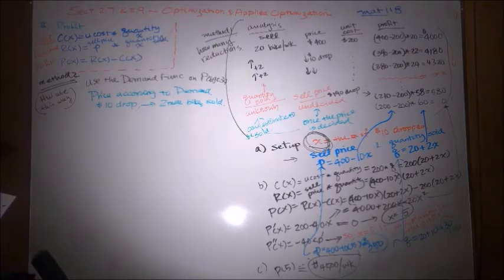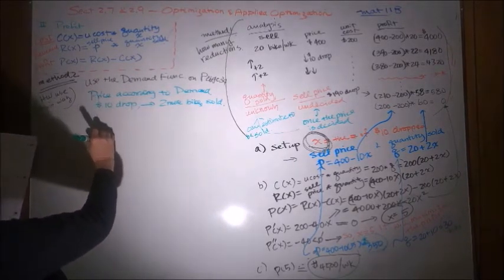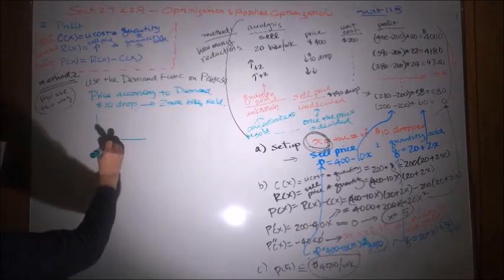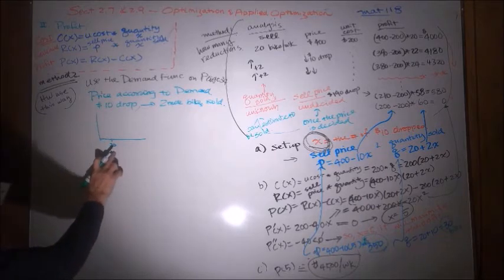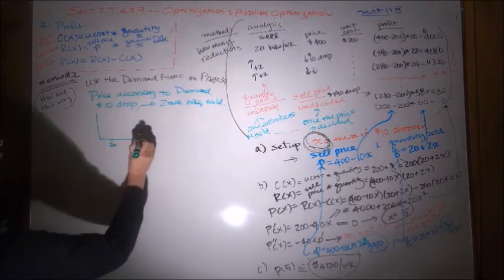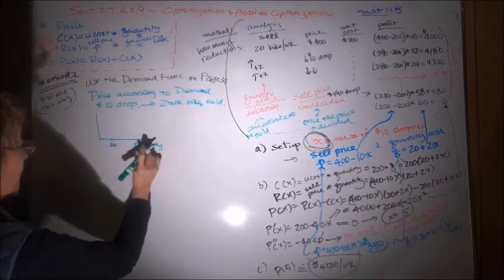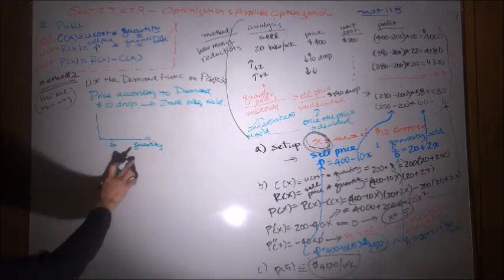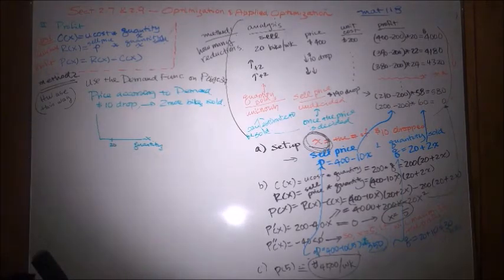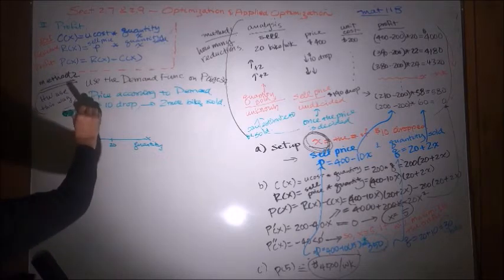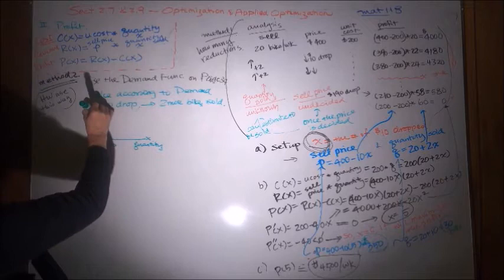Then if you look at that, the graph will look like this, okay? When demand is 20, right? X is your quantity. They are using X as quantity. So when you have 20 in demand, what's the price? The price will be $400.